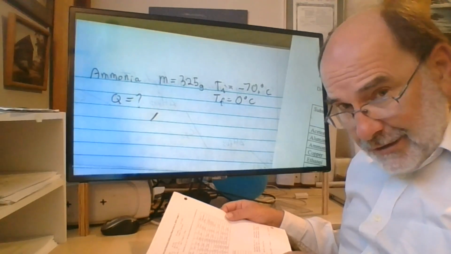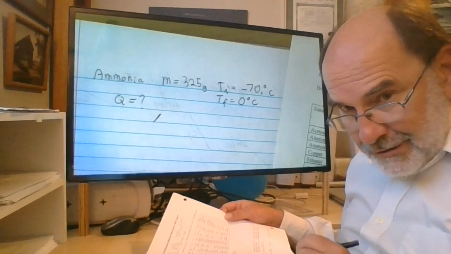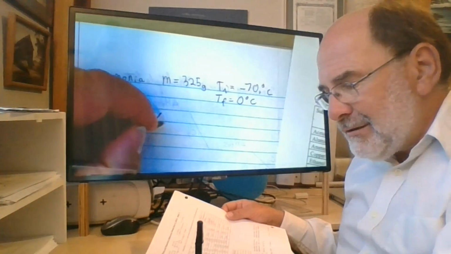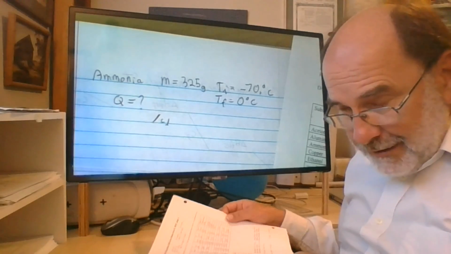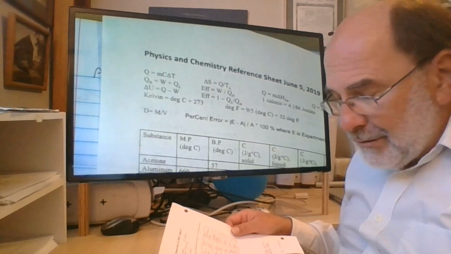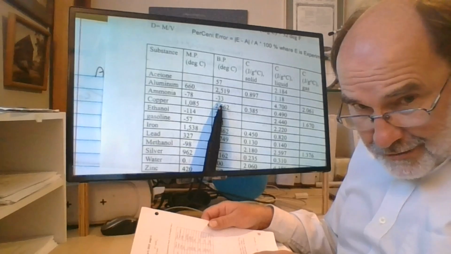It's actually starting off in a liquid state, 8 degrees above its melting point. So it begins in the liquid state. And what I'm going to do is heat up that liquid. The boiling point for ammonia is negative 33 degrees Celsius.